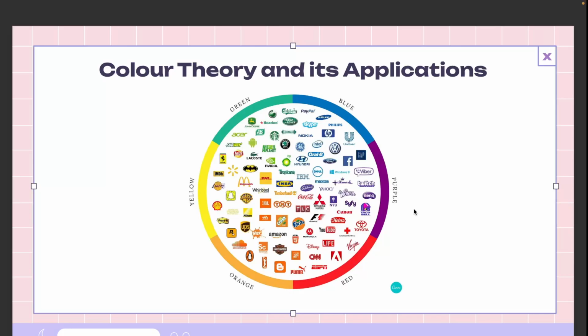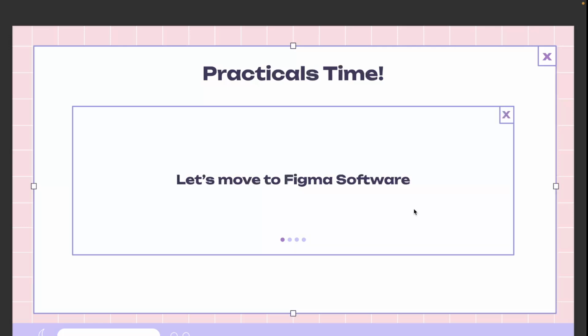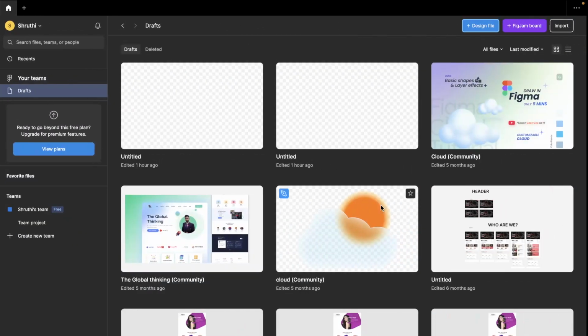Okay, so now it's practical time. Please open your Figma application. The reason why I spent the majority of my time today on the theoretical part is because before moving there, we first need to learn this. After this class, from next week onwards, we would spend more time on Figma. Please open your Figma software.